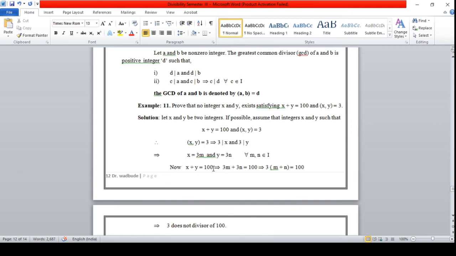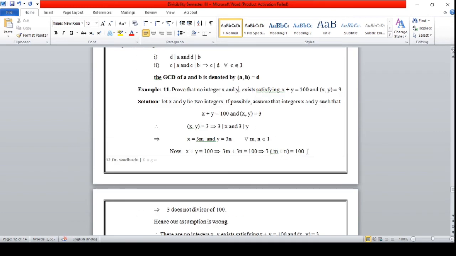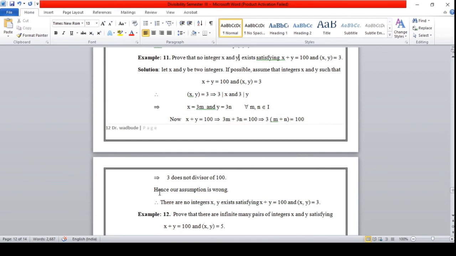Now x plus y is equal to 100. Substitute the values of x and y: 3m plus 3n is equal to 100. This implies 3 is common, so 3 times (m plus n) is equal to 100. But 3 is not a divisor of 100. Hence our assumption is wrong.